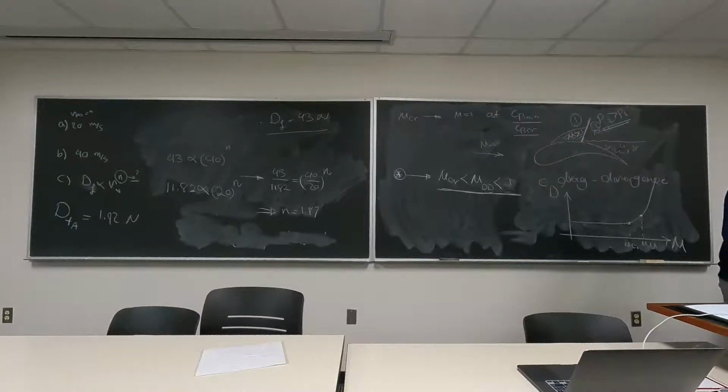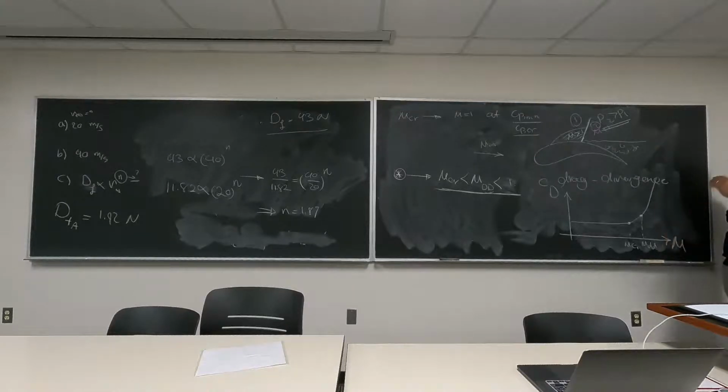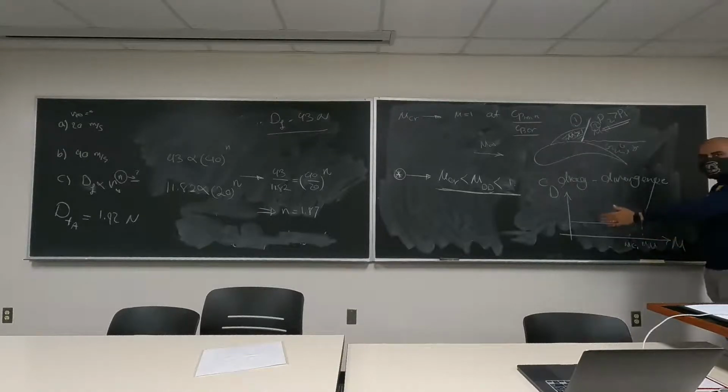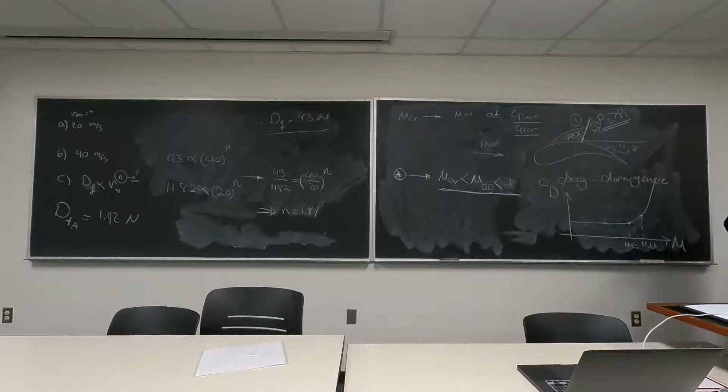If you make your airfoil thicker, you are going to get to the drag divergence sooner. But the point is not just delaying the drag divergence. We want to get lower drag at a higher velocity. Does this make sense? If you do that, you're going to get higher drag at lower velocity. You're essentially doing a 180 degrees turn, right?